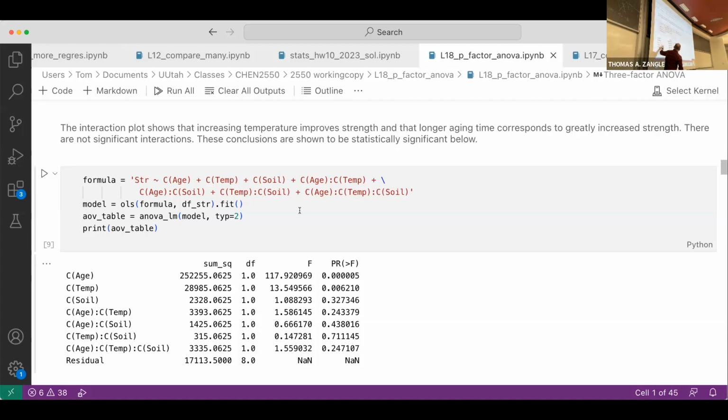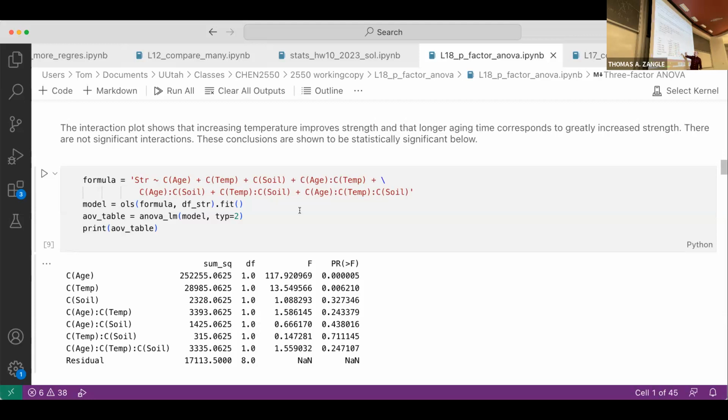Age and temp, but if we look here, sorry, you're saying p-values for where the two combinations get there. So from this table, we can see that all of these p-values are greater than 0.05, since we're doing this at a significance of 0.05. All of these p-values describing all of these interaction terms are greater than 0.05. So that's telling us that we don't have any evidence of interactions in this case.